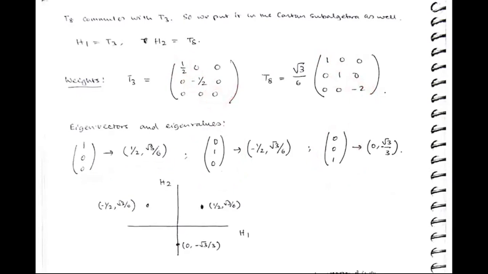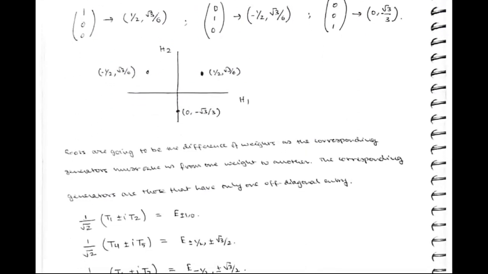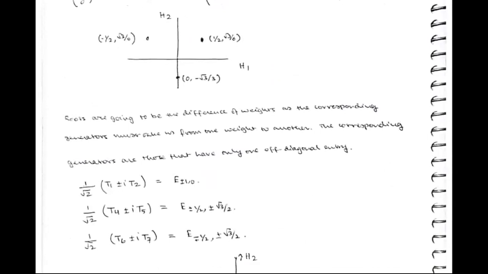So that's that. If you try to plot these vectors in a plane, these form the vertices of an equilateral triangle. So this is given by H1 and H2. The roots are going to be the differences of the weights, as the corresponding generator must move us from one weight to the other.